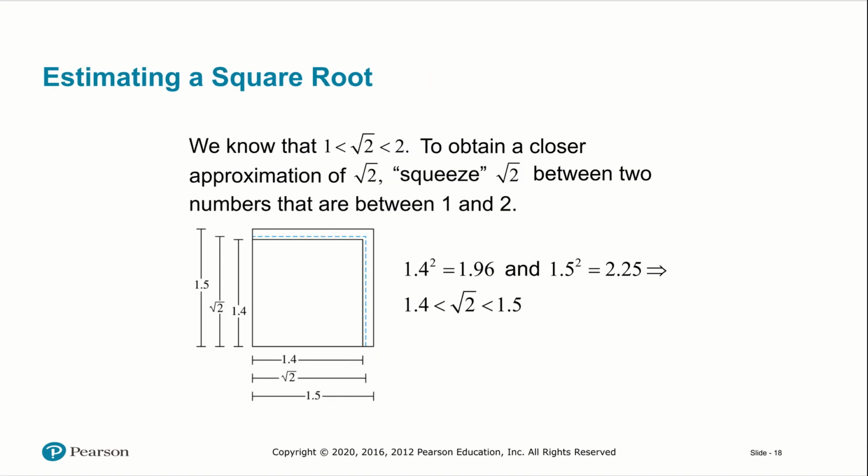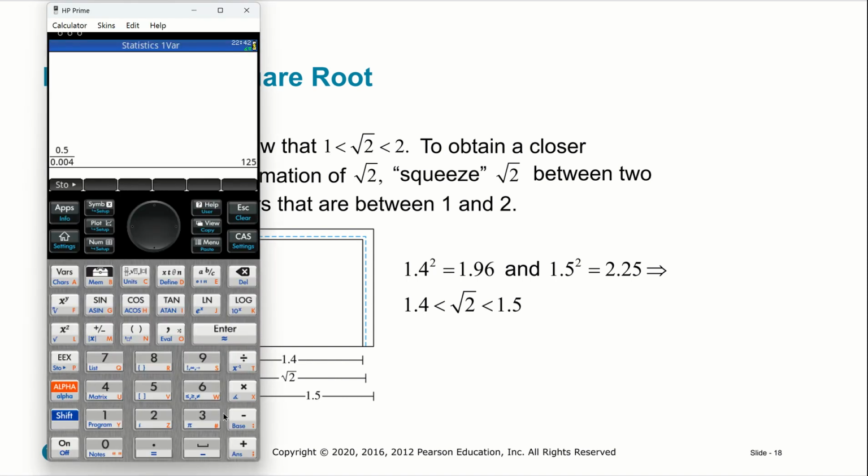Now, as far as approximating or estimating a square root, we know it should fall somewhere between 1 and 2, right? So the question is, can we get a better estimate for it? Well, if you notice on a calculator, for instance, if you calculate 1.4 squared, we get 1.96.